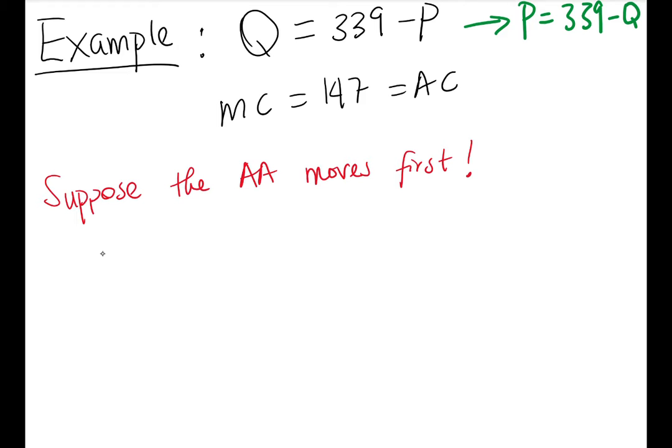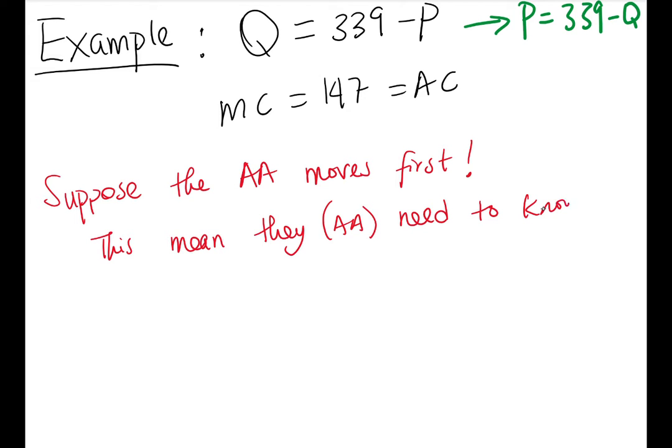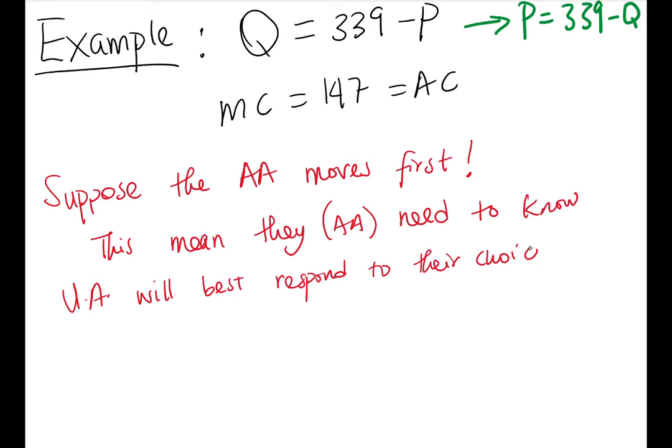Then this means they need to know how United Airlines will best respond to their choice, and then they're going to pick a Q that will maximize their profit given that best response from United.